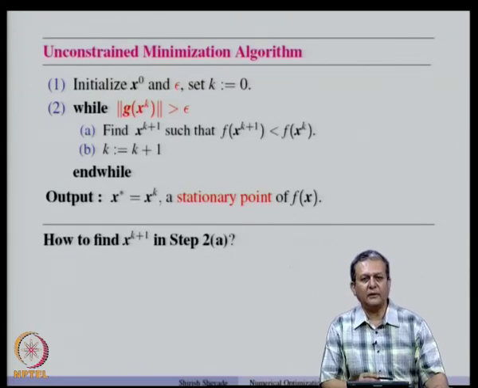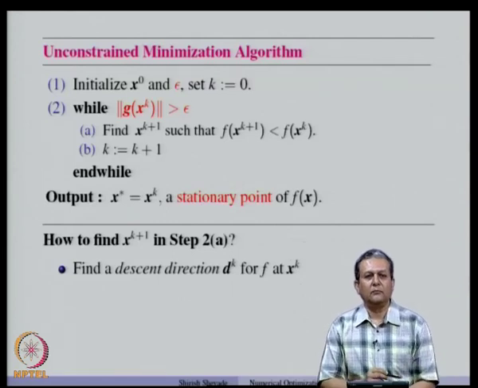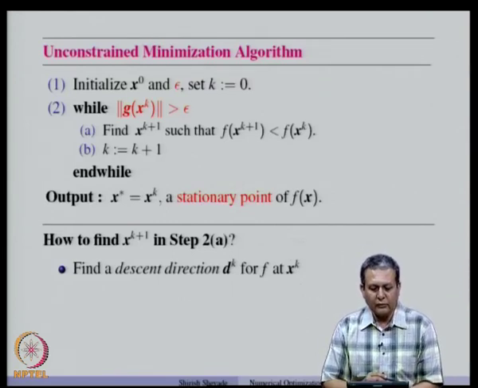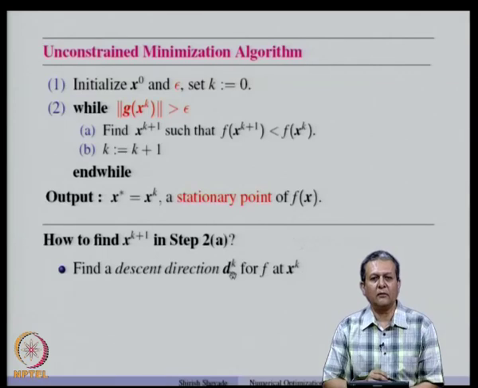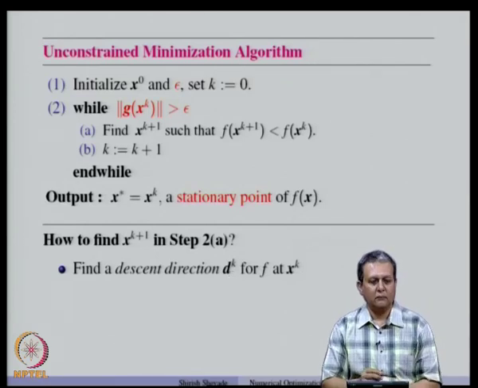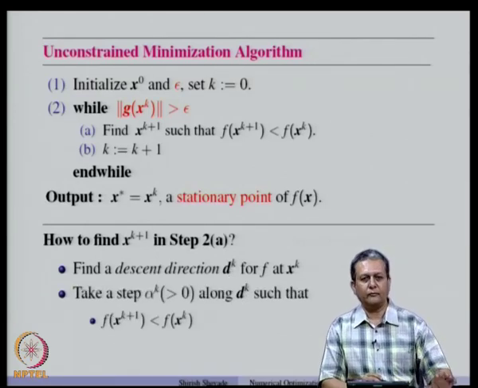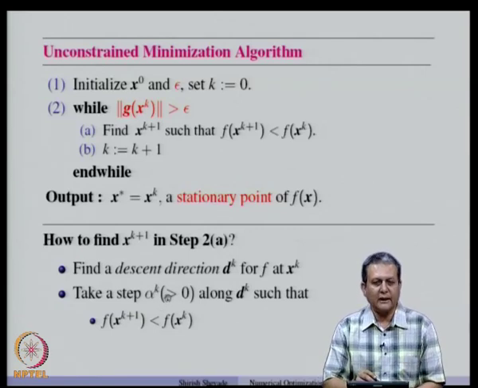Now, how does one find this? It involves two steps. The first step is to find a descent direction dk for the function f at xk, and take a positive step of length alpha k along that direction such that f of xk plus 1 is less than f of xk.